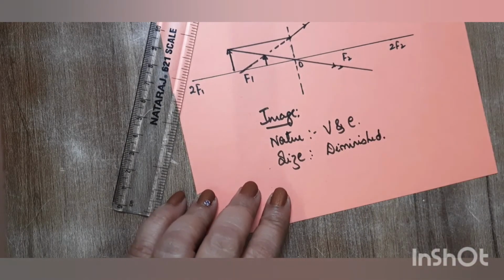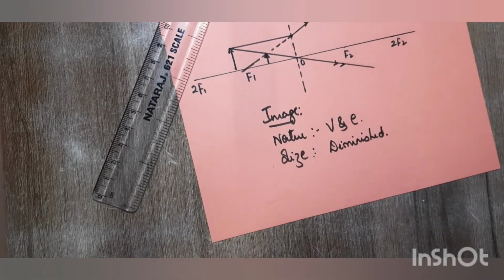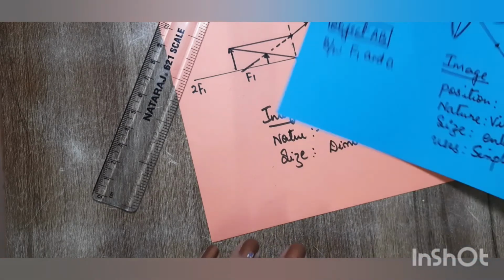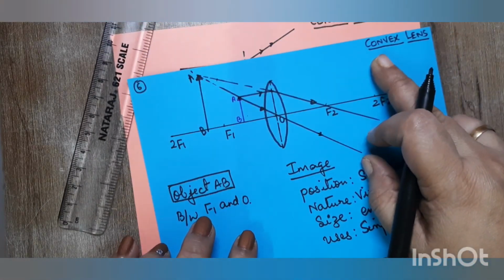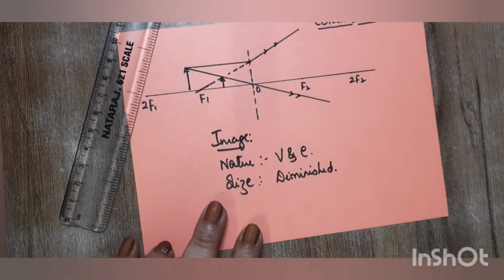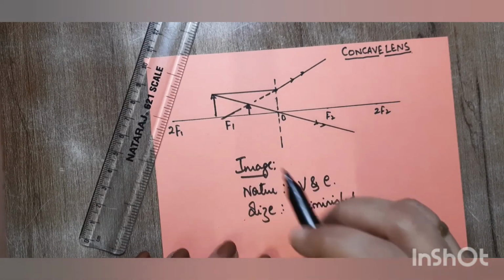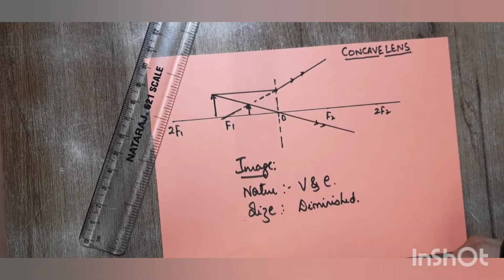So when we have drawn the ray diagram for the special case for convex lens, we got an enlarged virtual erect image, but for concave lens we will always get a diminished virtual and erect image. Do keep this in mind, it will really help you in the numericals. I hope you all understood.